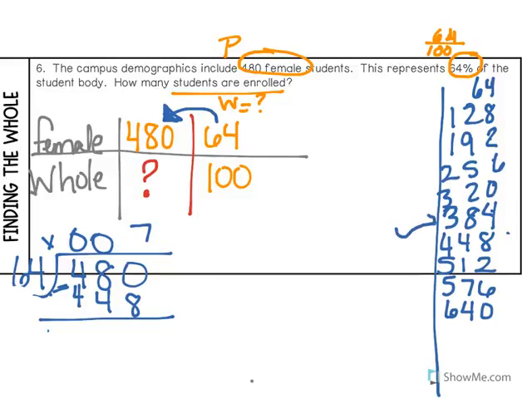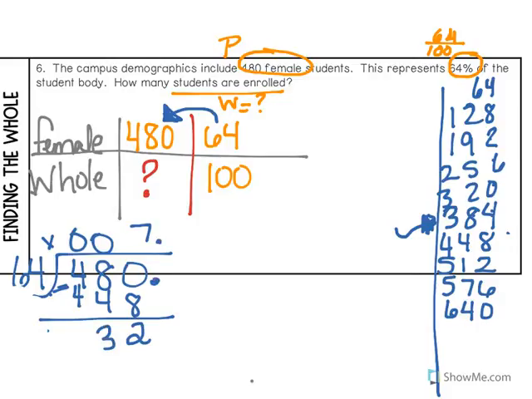It wasn't 484, it was 384. So I fixed it and I re-added. So I apologize. I'm not perfect. So, keep going. 64 times 7 is 448. I will subtract, and I get 32.